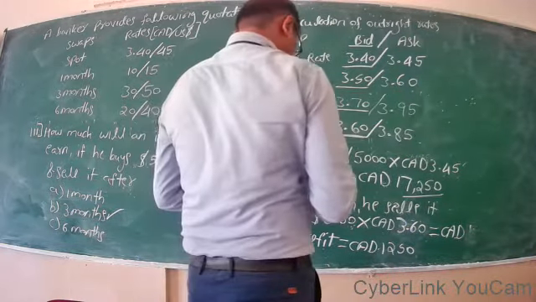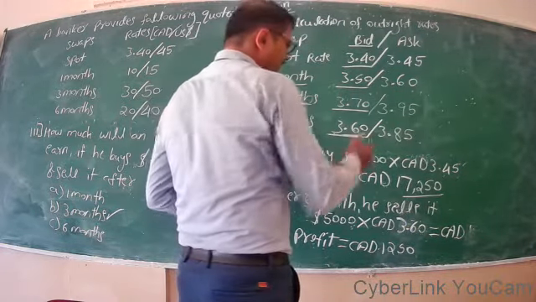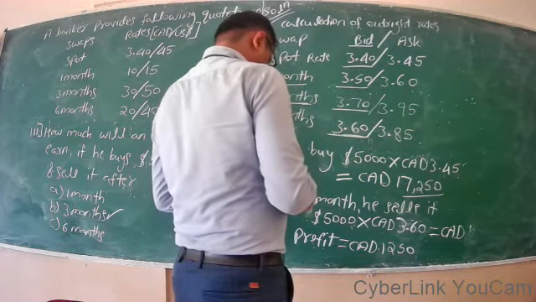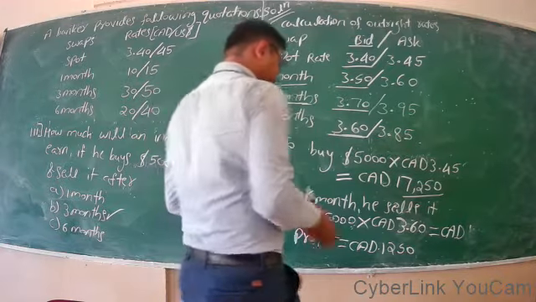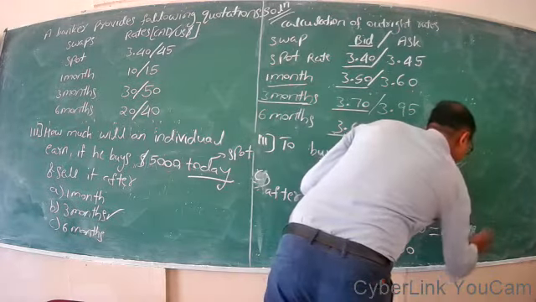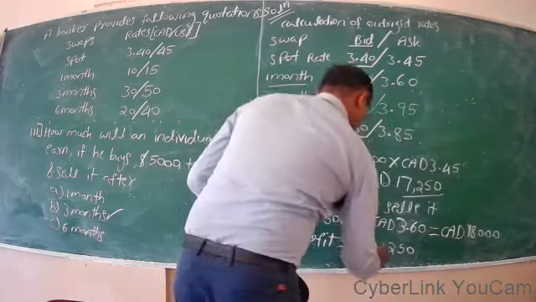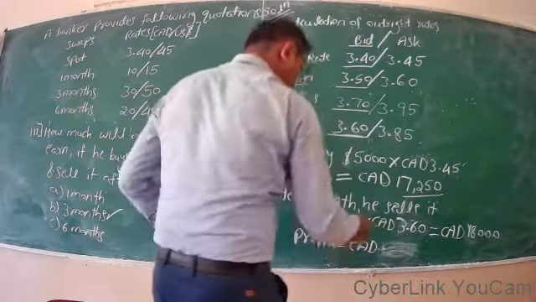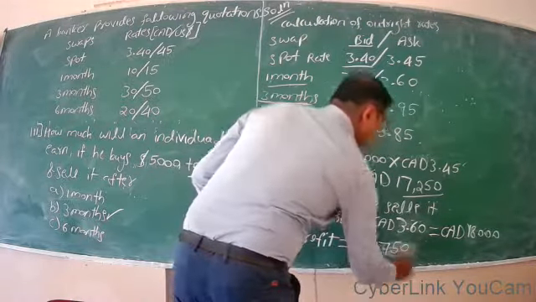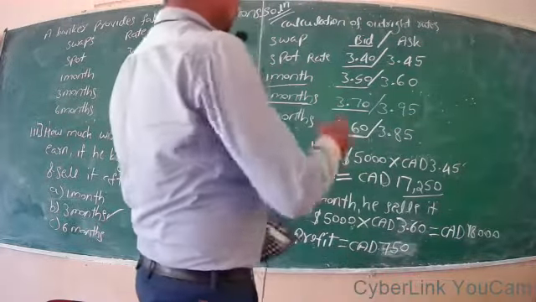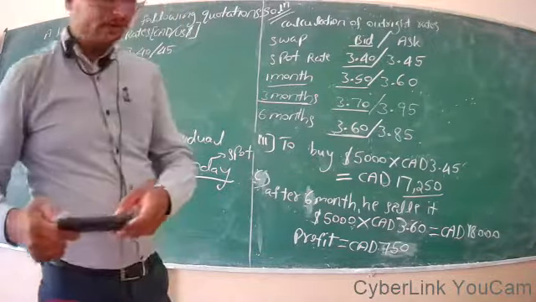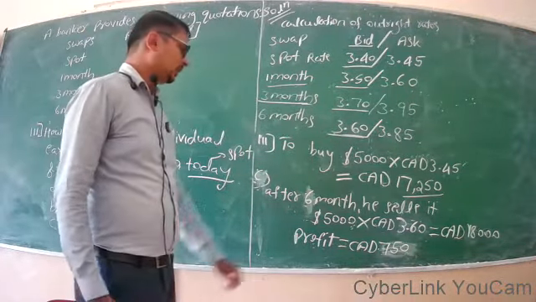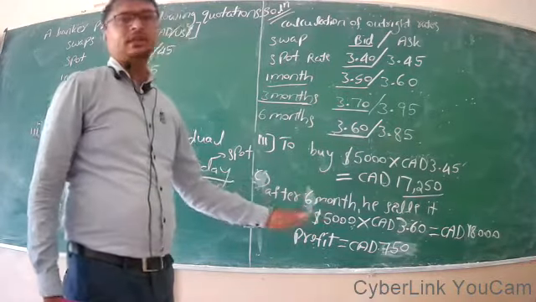So by selling 1 US dollar, he is getting 3.60 Canadian dollar, and if he sells 5,000 US dollar, he gets 18,000 Canadian dollars. So his ultimate profit is 18,000 minus Canadian dollar 17,250. So ultimate profit is Canadian dollar 750.